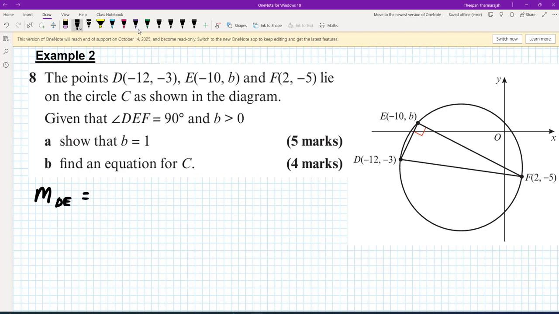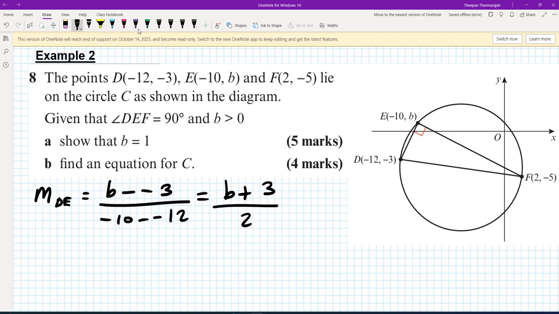Now that's going to be (b minus -3) over (-10 minus 12), which works out to be (b plus 3) over 2.